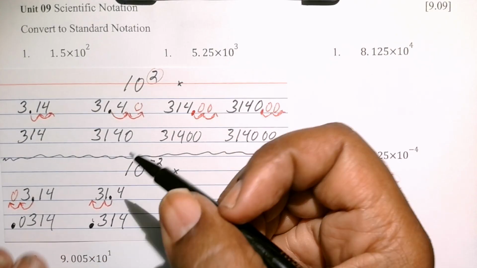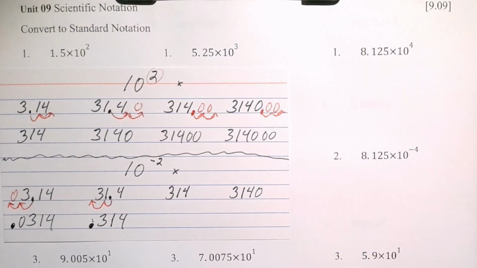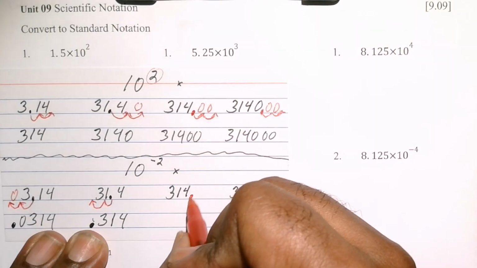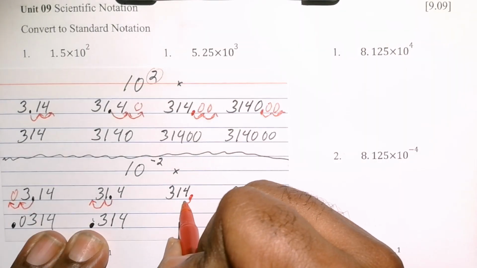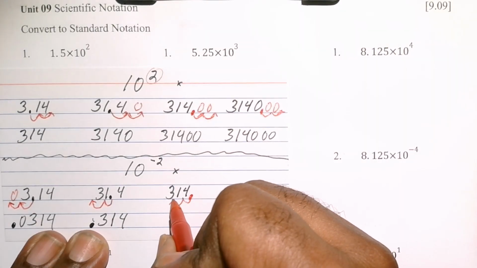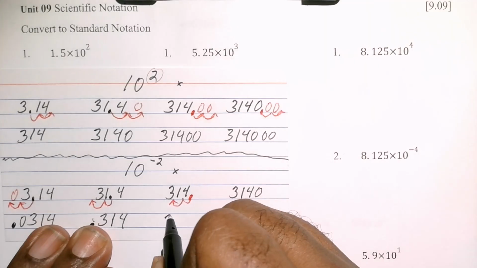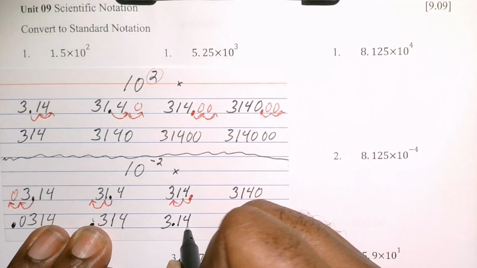0.314. Now, once again, we need to find the decimal in order to move it twice to the left to make it smaller. There's no decimal, so we put an understood decimal here, and then we can move it. So that's one move, and then the second move puts us right there. So this will be 3.14.